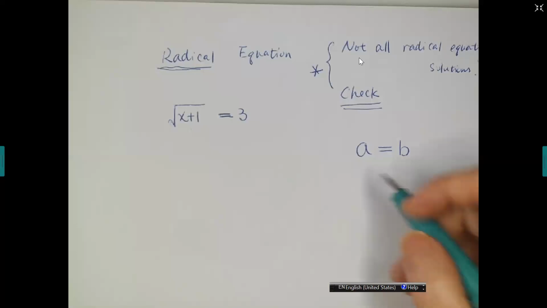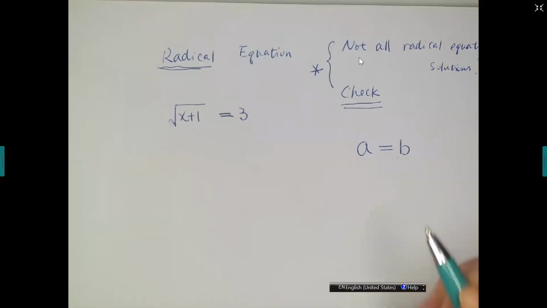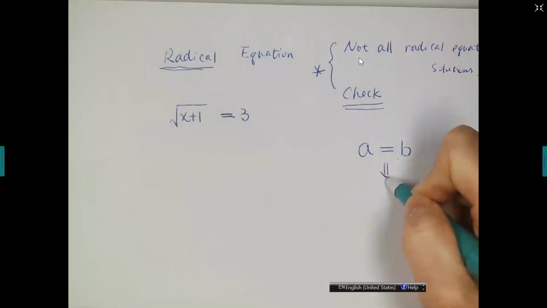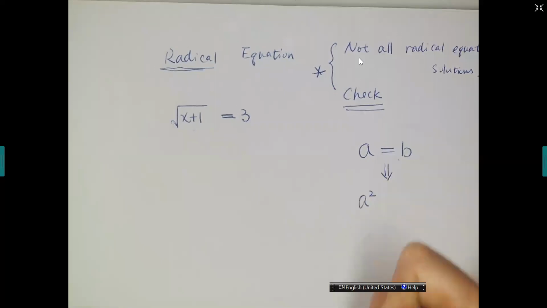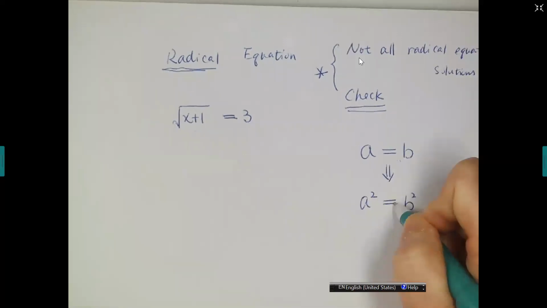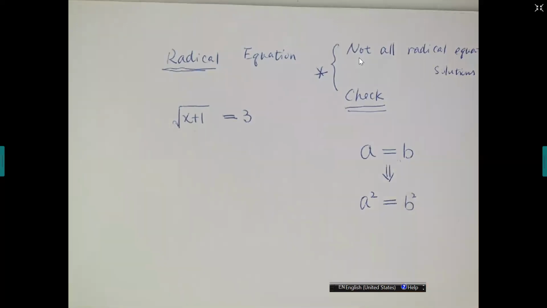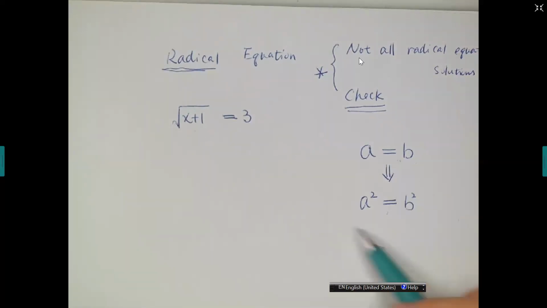And when we have an equation like this, we can always square both sides of the equation. When we have A equals B, then we square the left side and we square the right side. Those two must be equivalent as well. This is called the squaring property of equality.